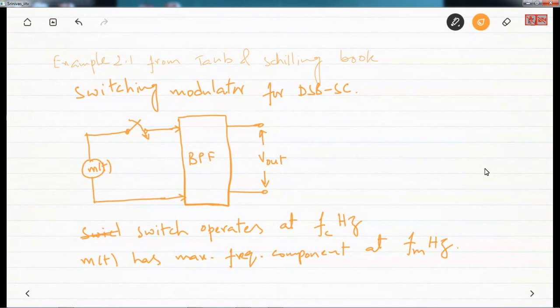And then this switch is operating at fc hertz, where fc is much higher than fm. So fc is essentially the carrier frequency. And then also let me tell you what we mean by the switch operates at fc hertz. That means the switch closes and opens at the rate of fc, and the on and off periods of the switch are equal. So let me write that down.